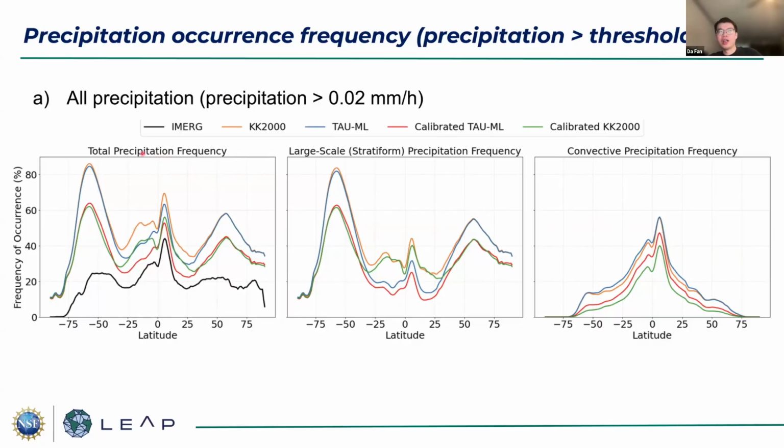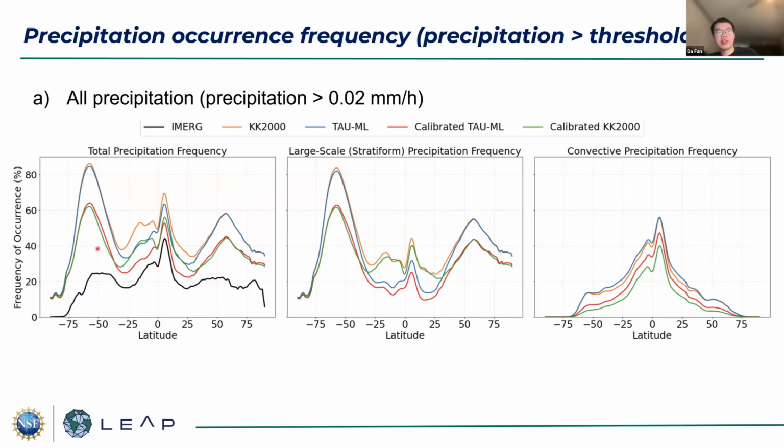Here we have total precipitation frequency, large scale or stratiform, and convective precipitation frequency. The black curve is the iMerge benchmark, and the green and red curves are the calibrated tau ml and calibrated KK, while the orange and blue ones are the original tau ml and original KK.